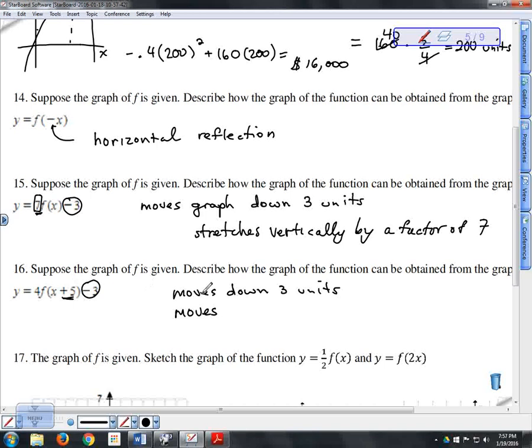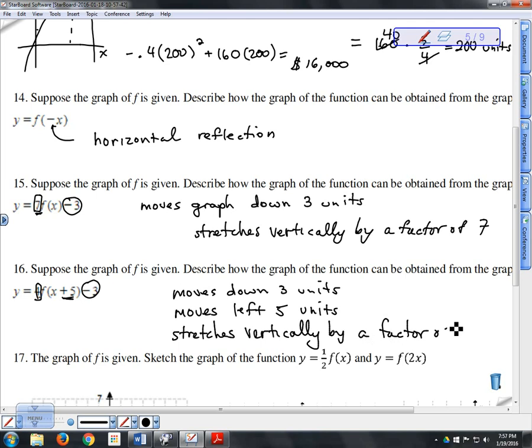So plus 5 actually moves left 5 units. And then we have that transformation there, similar to this transformation. It stretches vertically by a factor of 4.